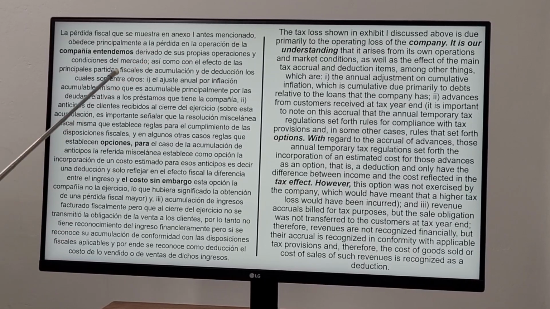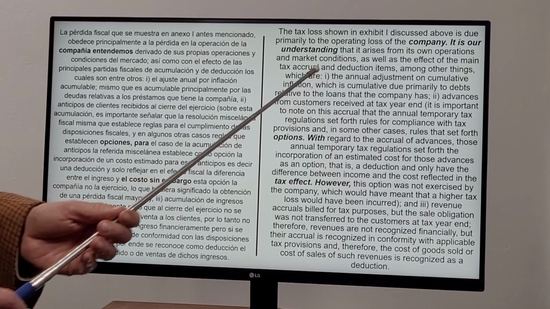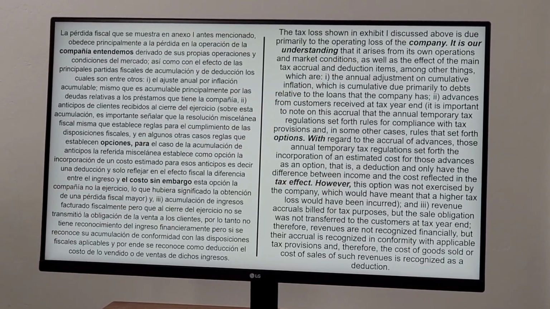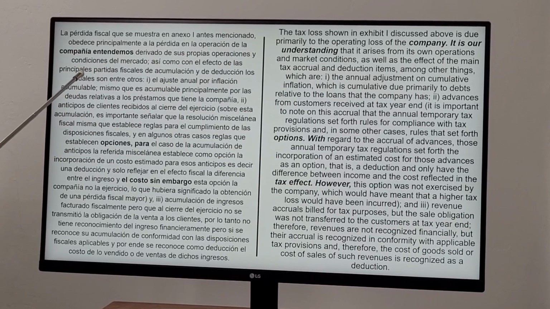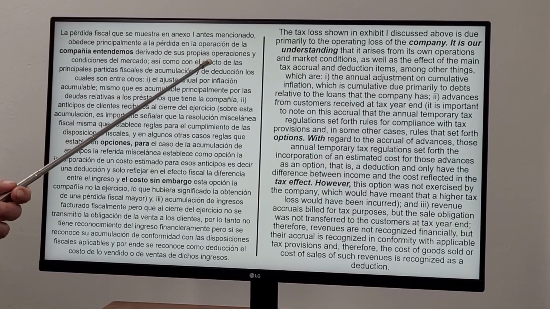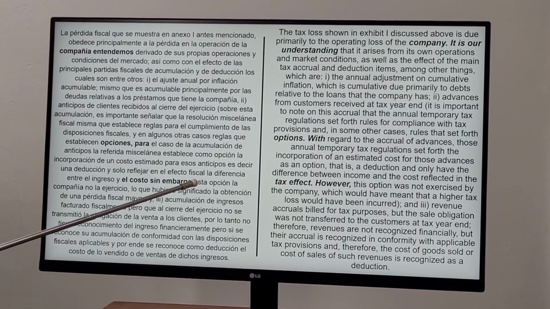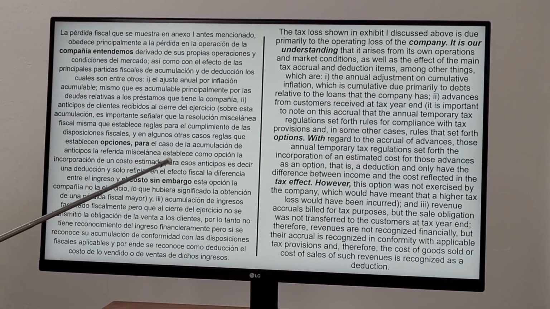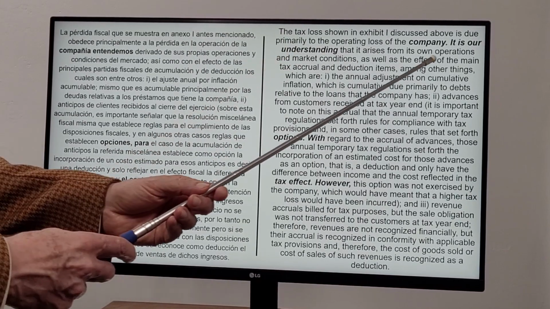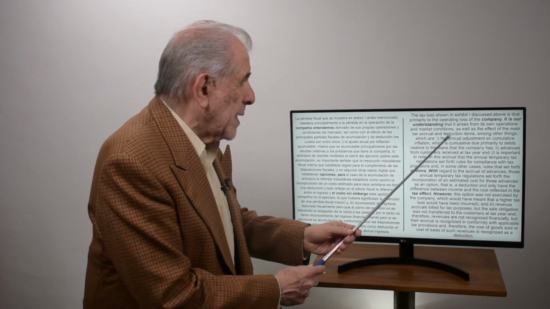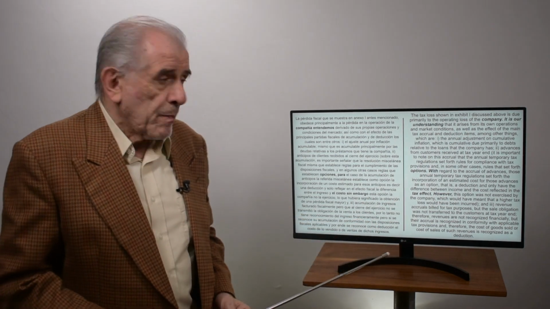Notice that in the source language, that part ends with a semicolon, and we end it simply with a simple comma. And we continue, as well as the effect of así como el efecto de las principales partidas fiscales. Partida is item. So we're talking about the effect of the main tax, accrual, and deduction items.